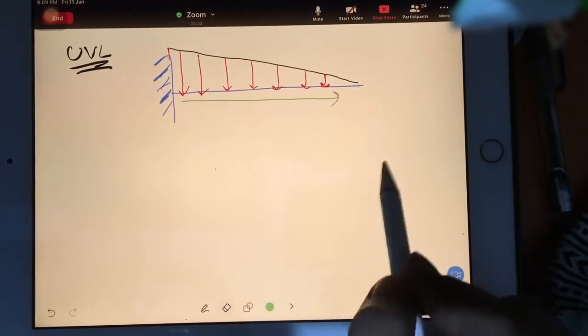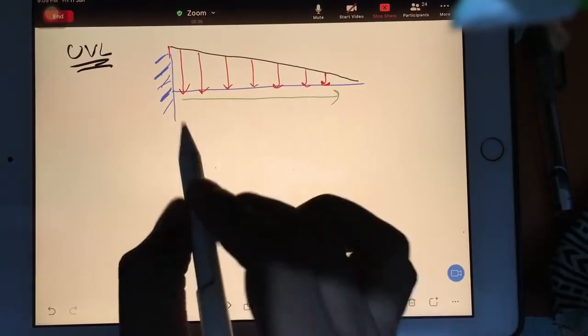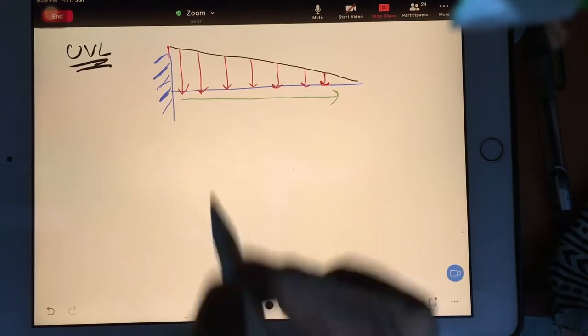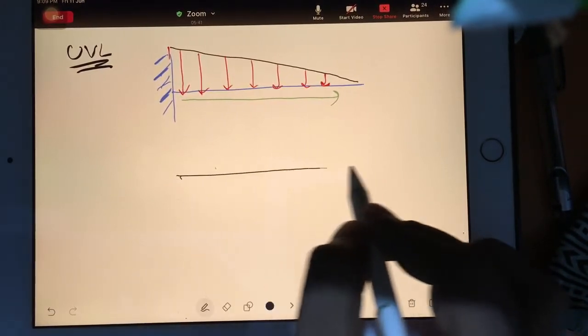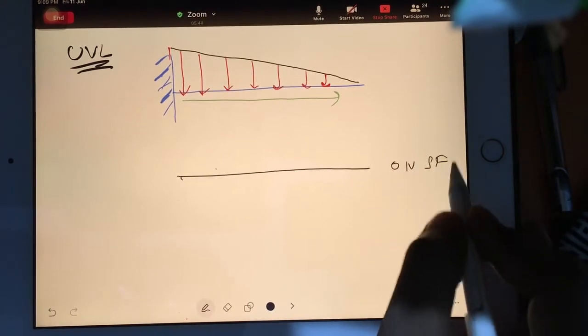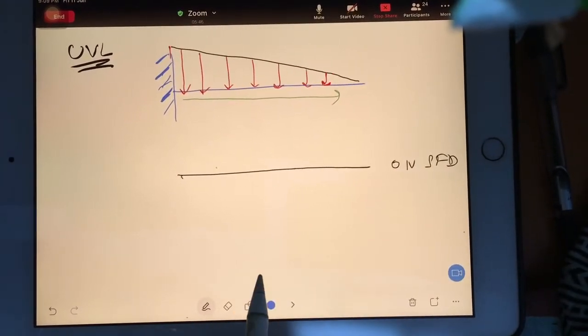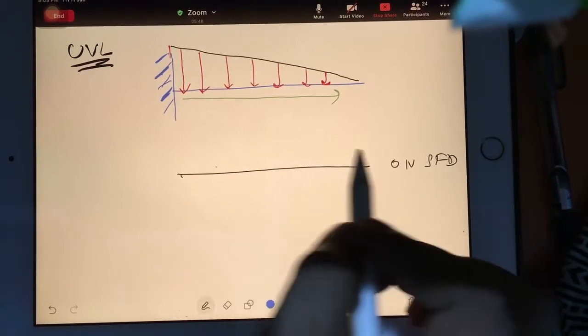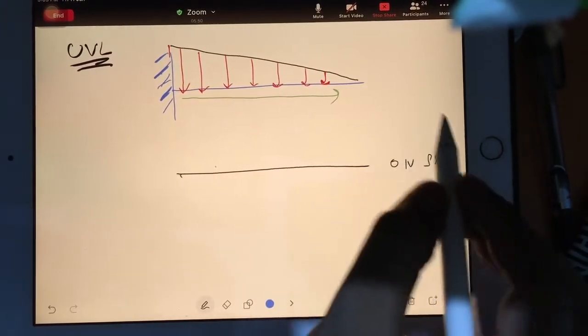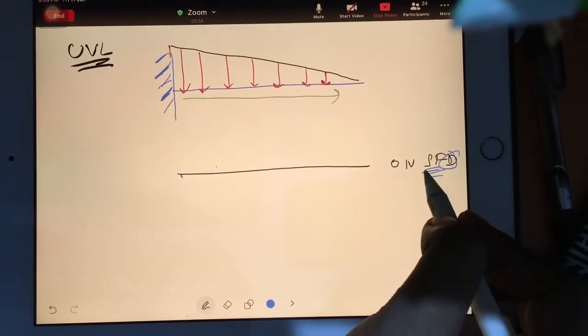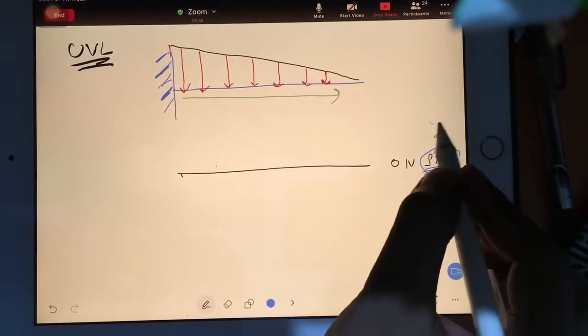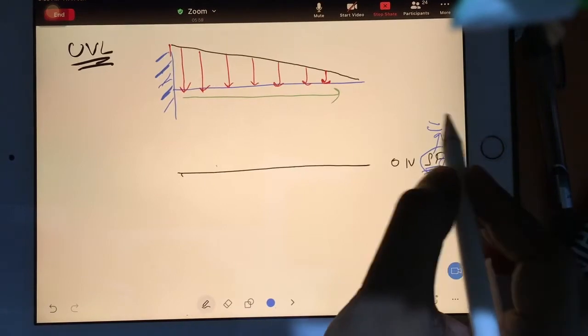With this example, everything will be clear. So now see, from here, this is my 0 Newton SFD line. First of all, understand what SFD is. SFD is the shear force diagram. Shear force is a force, and its unit is Newton.